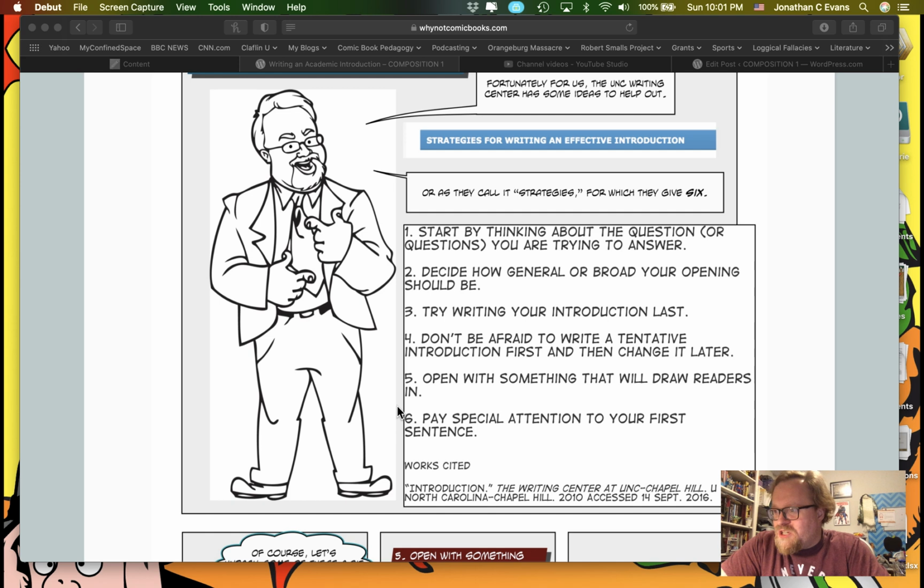Use a couple of little questions, and then start off and try to lead me to some answers that I'm going to provide. I'm not going to have you write the introduction last, but you do get to decide how general or broad you want your opening to be. How open do you need it to be? How far back do you need to generalize? Keep in mind that until you turn in a final draft, you can always rewrite this.